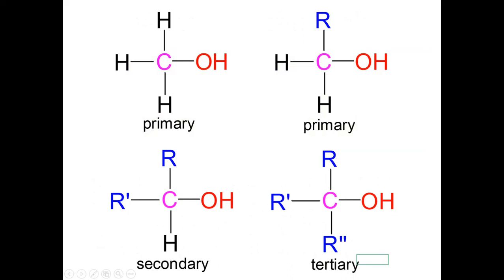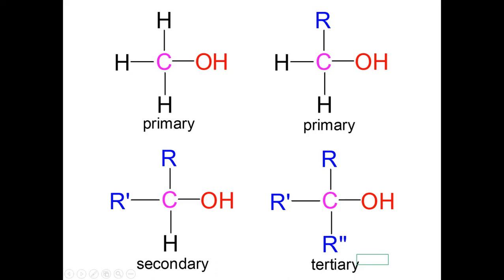For example here, how do we know this alcohol is considered a primary alcohol? When this OH group is attached to this primary carbon. How do you determine whether this carbon is primary or not? Basically, you need to check the group attached to it.